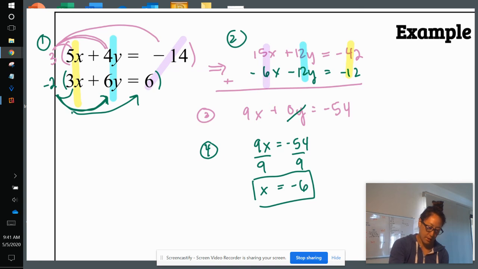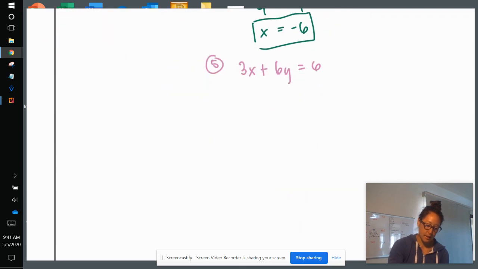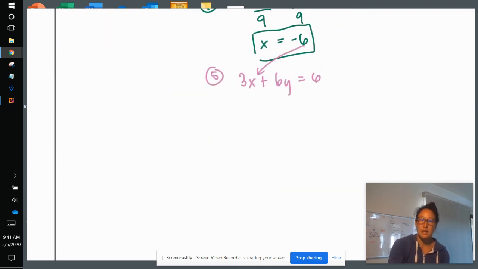All right, step number 5 is to use one of the original equations. Let's go ahead and use the bottom one. 3x plus 6y is equal to 6. Okay, and we're plugging in -6 in for x. So 3 times -6 plus 6y is equal to 6.